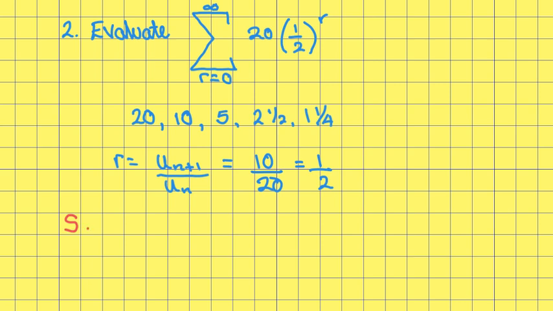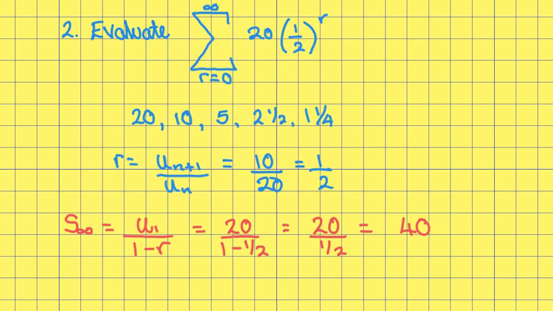So s, the sum to infinity, is equal to u1 over 1 minus r, which is equal to, u1 is 20, over 1 minus r, which is a half, which is equal to 20 divided by a half, which is equal to 40.